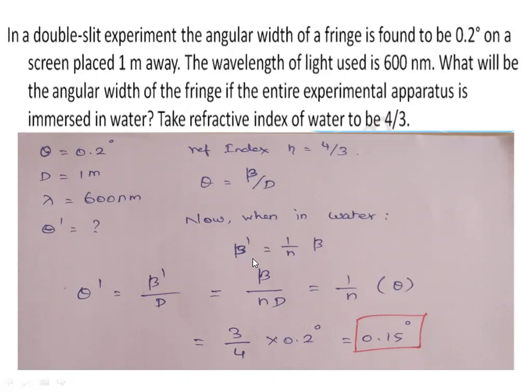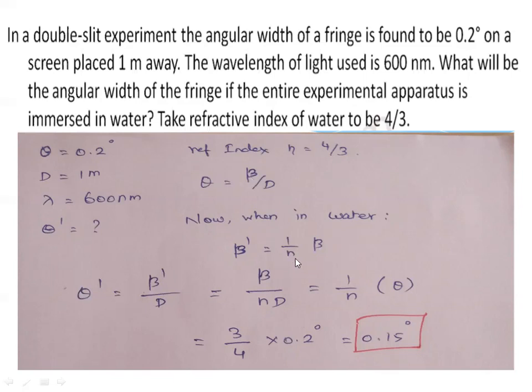So what we have to do here: theta dash is equal to beta dash by d. Theta is equal to beta by d. Here theta dash is equal to beta dash by d, the second beta value divided by d only. And the beta dash value, we already know, is 1 by n into beta. So instead of beta dash, we are substituting 1 by n into beta.